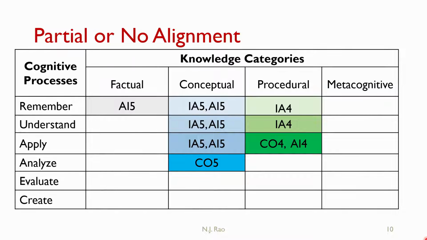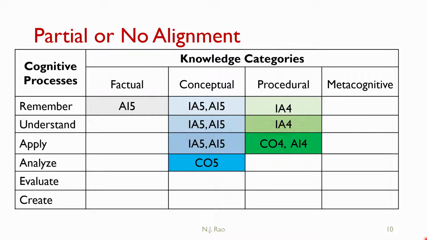IA5, AI5 can be in the 1 and 2, or 2 and 2, or 3 and 2. But you will notice that there is no AI5 in the cell 4(2).